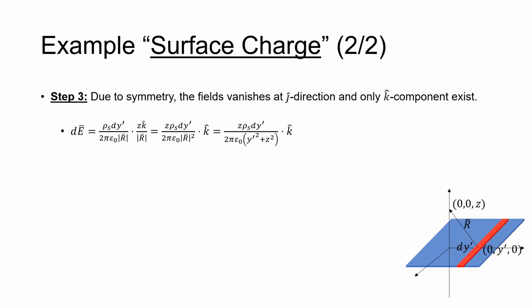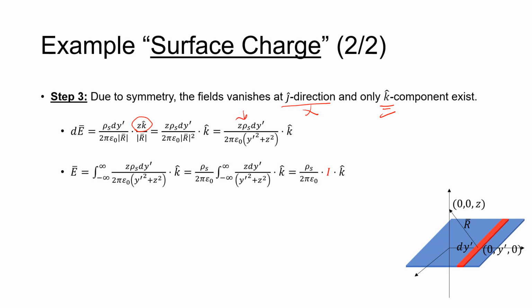So from the previous slide, we understood that the j direction component will vanish and we are only left with the k direction. That's why I removed the portion relevant to j from the calculation, and then I just substitute the required values and reformulate. Then we need to calculate this integral to get dE.